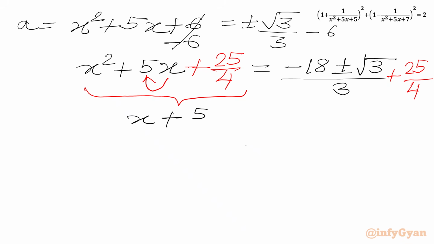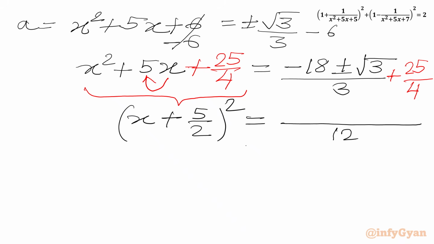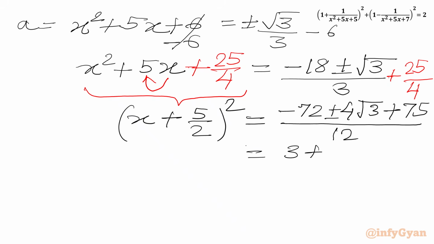So I will write here x plus 5 over 2 whole square in LHS, and in RHS we will take LCM. So we will multiply both the denominators. We will write here 12, 3 times 4. Then we will cross multiply. We will write 18 times 4 with negative sign, minus 72 plus minus 4 square root 3 plus 75, which will be equal to 3 plus minus 4 square root 3 over 12.